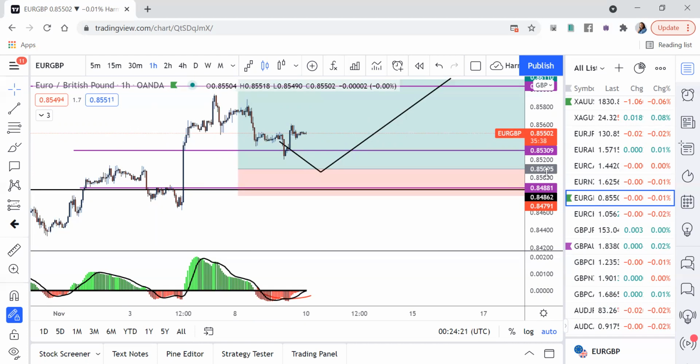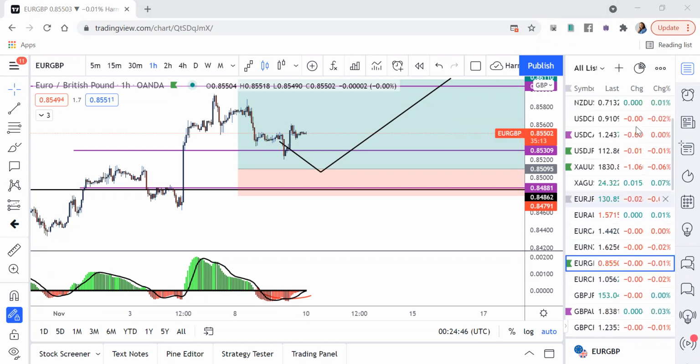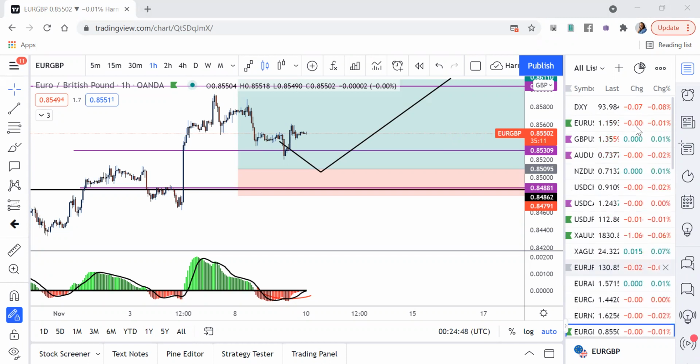Because it didn't come there, I did not bother to take the buy. I will wait to see if the market can give me a further push to the downside. If not, I will leave this one alone. So that's it basically in terms of the outlook for the week.